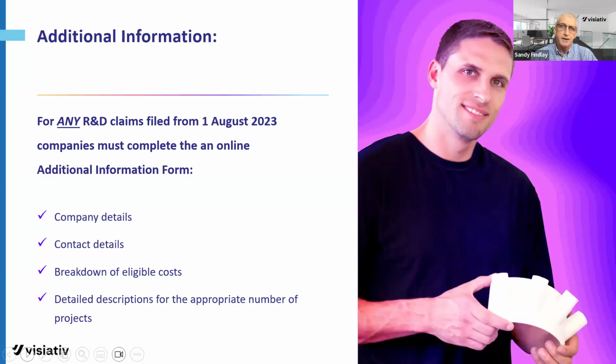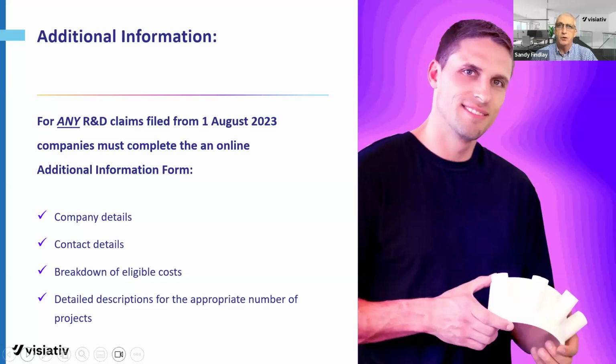Your tax advisor's details, and if you're using a third-party R&D provider, they ask the details of the third-party R&D provider. You will then need to submit, as part of that additional information, a breakdown of eligible costs. Those costs need to be categorized and catalogued, so they're looking for a split in terms of staffing costs. That would include externally provided workers, subcontractors.